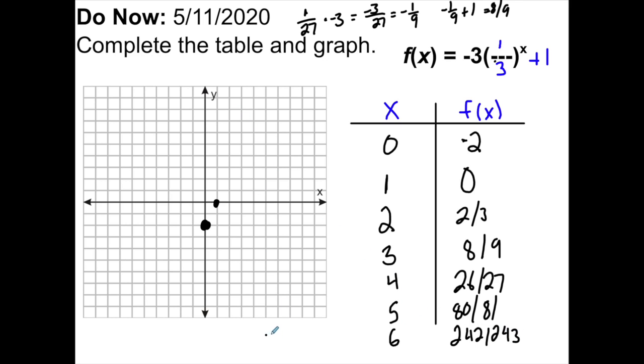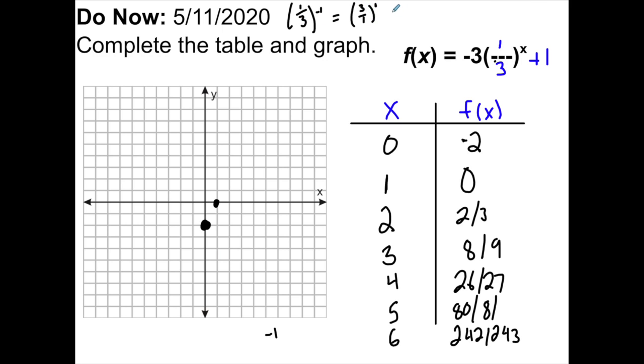What about negative 1? When I do a third to the negative 1, first I'm going to flip the third, and then I'm going to take the negative and make it a positive.